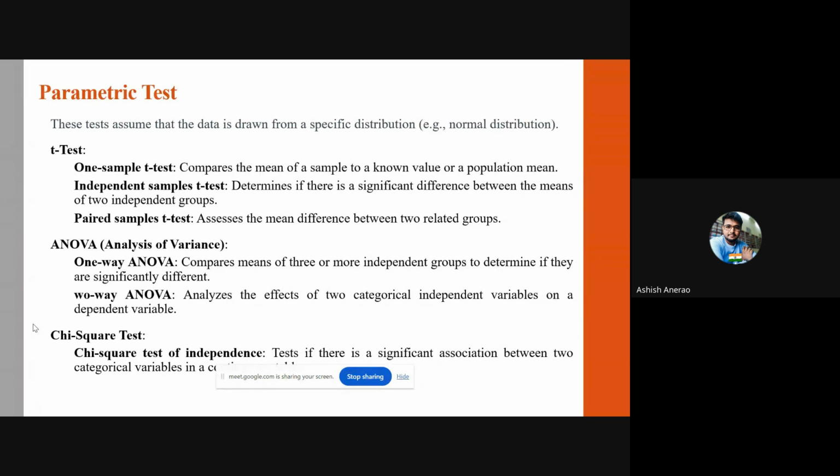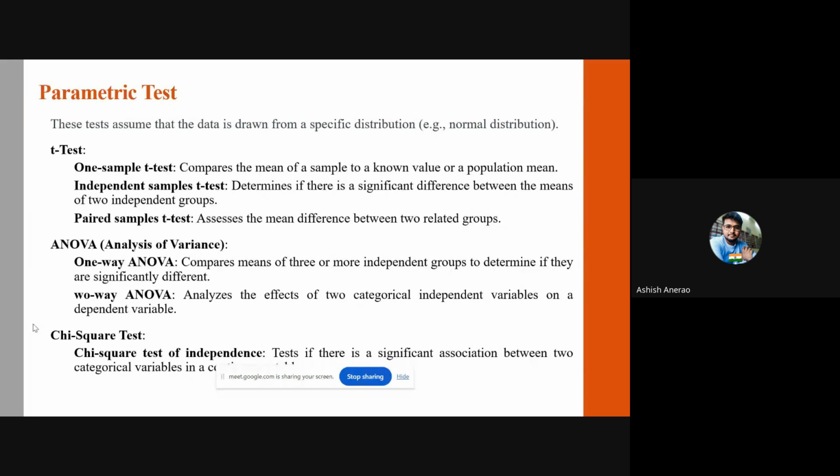Either we find that the two drugs have the same effect, or one drug has a higher effect than the other, or, as the alternative hypothesis, that the two drugs do not have the same effect. This type of condition is where we use the independent sample t-test.